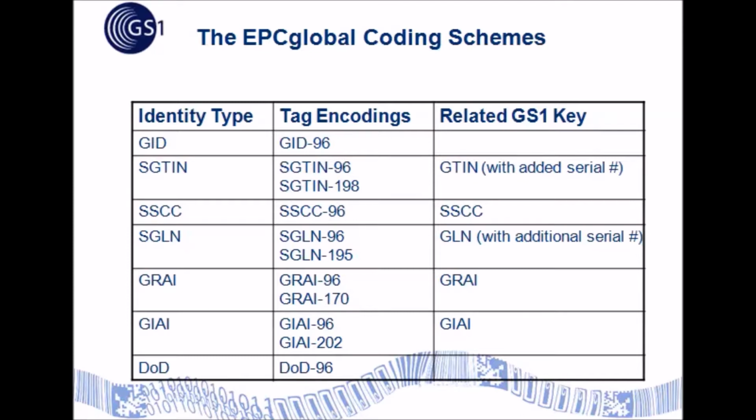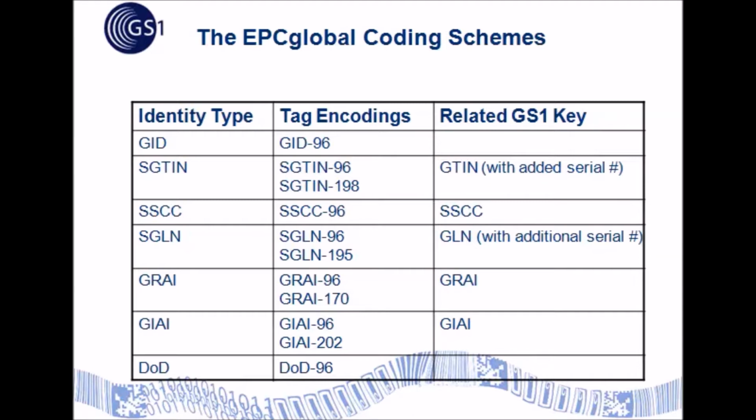Its corresponding related GS1 key will be the GTIN, the global trade item number, and the serial number will be added. So by the global trade item number and the additional serial number, we can describe one trade item by a unique ID number.